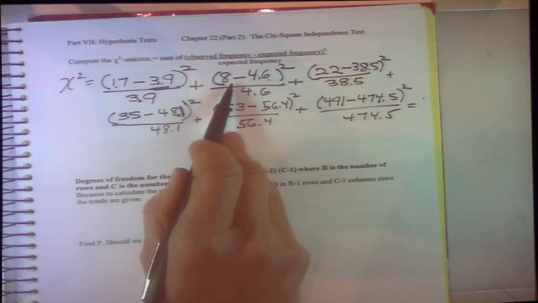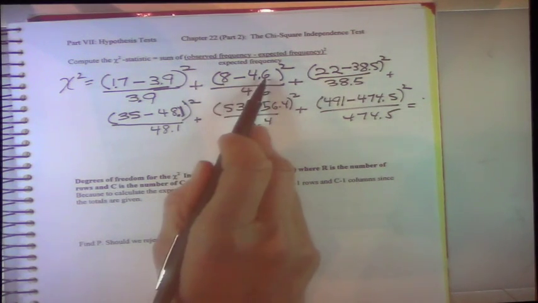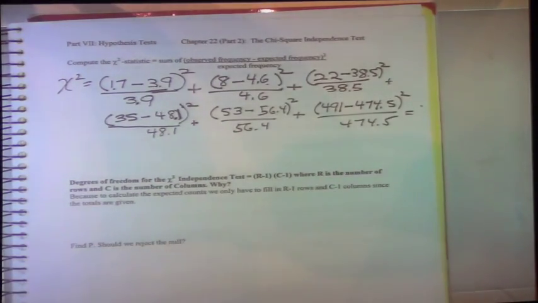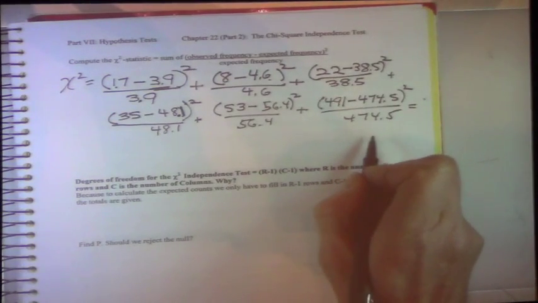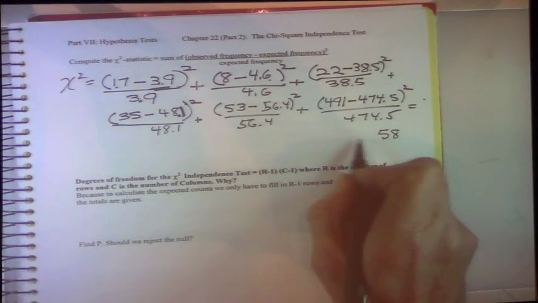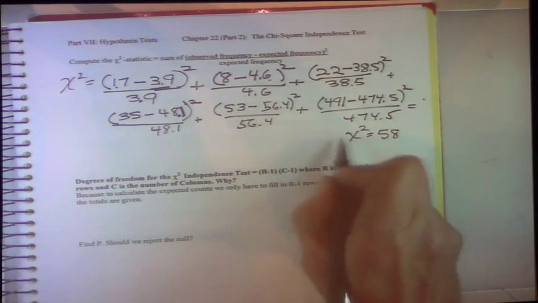You should look for patterns like that. And this will turn out to be 3.4, and this is negative 3.4. They sum to 0. We'll talk about that later, but you can discover those patterns on your own. Let's just add these up, and we get 58 as our chi-square statistic. Okay? Trust me, that's what we get.